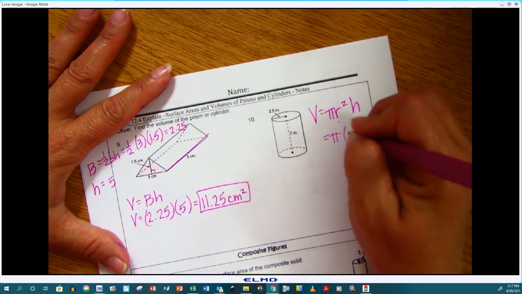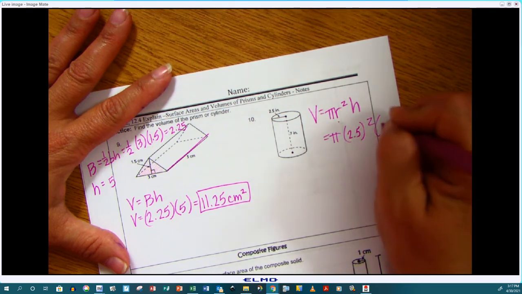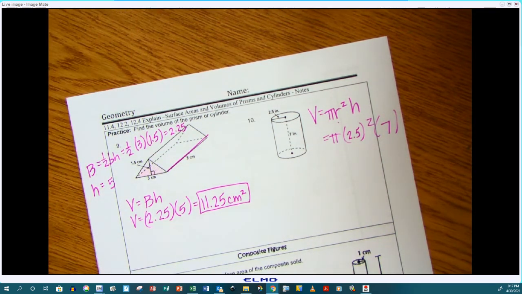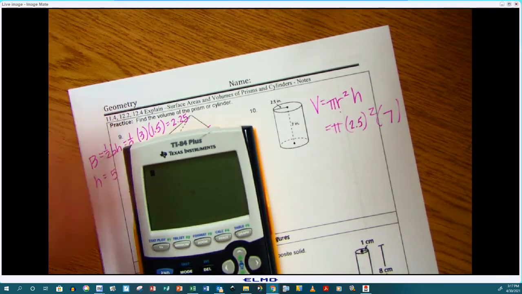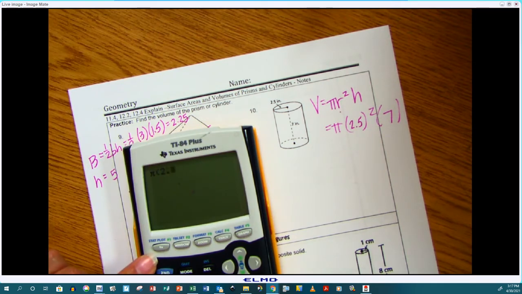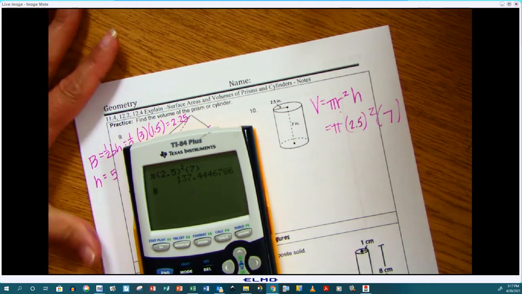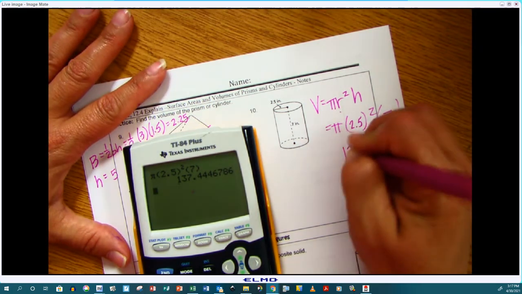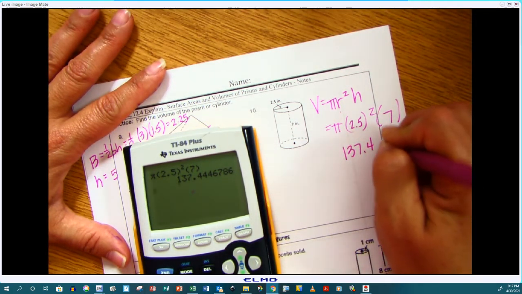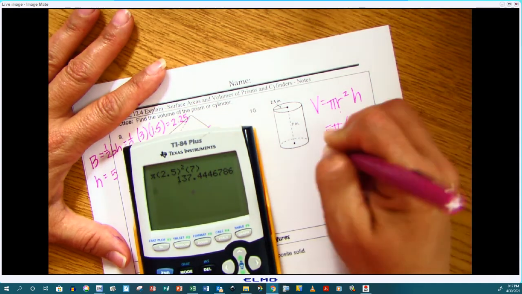My radius is 2.5. My height is 7. All you have to do is type it into the calculator and hit enter. Pi r squared h. 137.4 inches cubed.